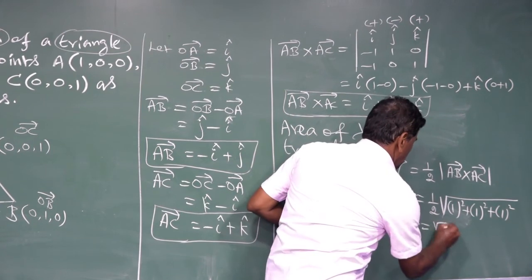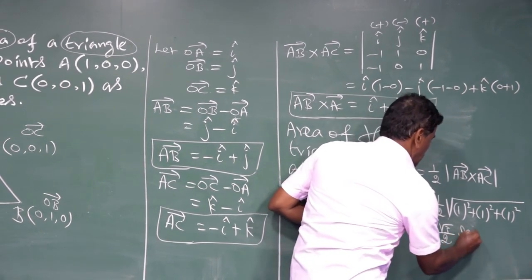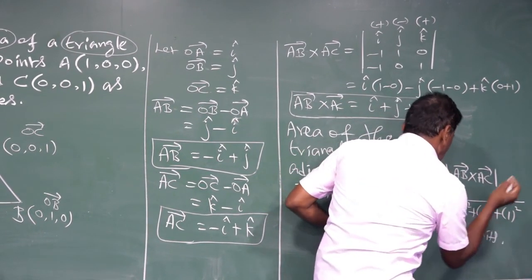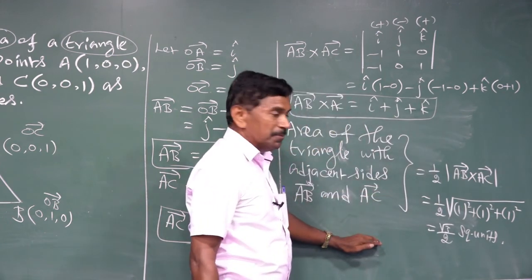Root 3 by 2 square units. What is the left-hand side? The same thing you want to write.